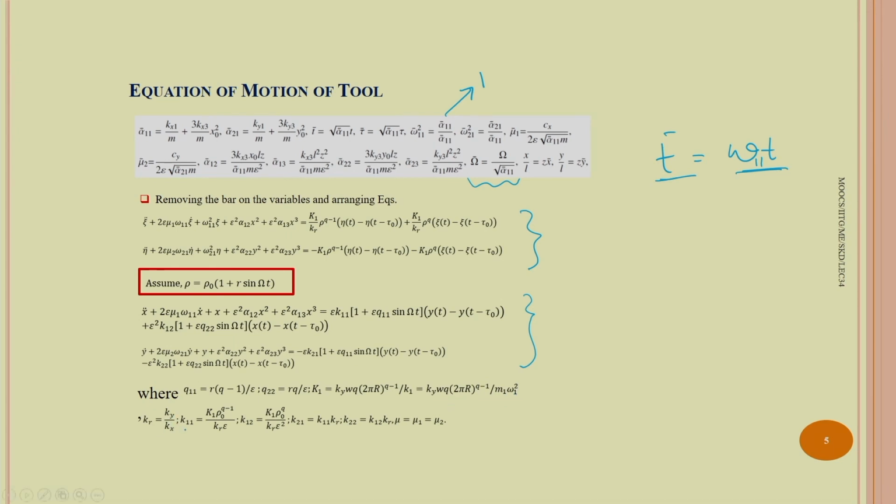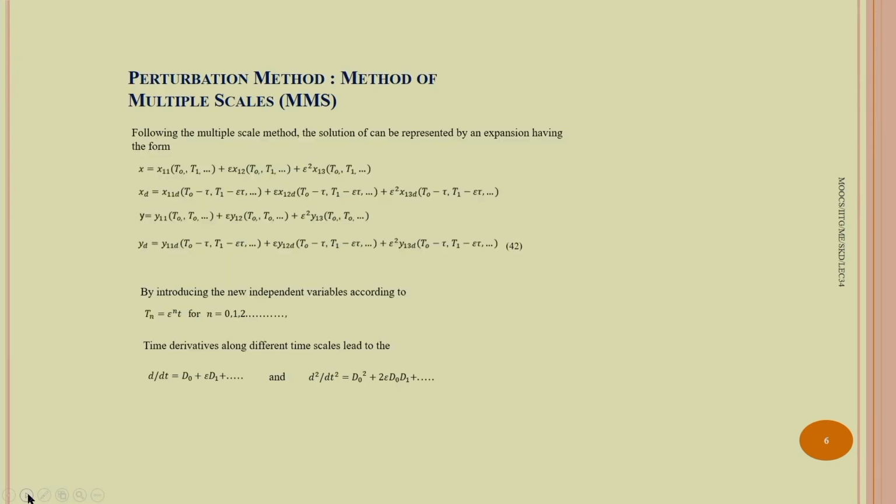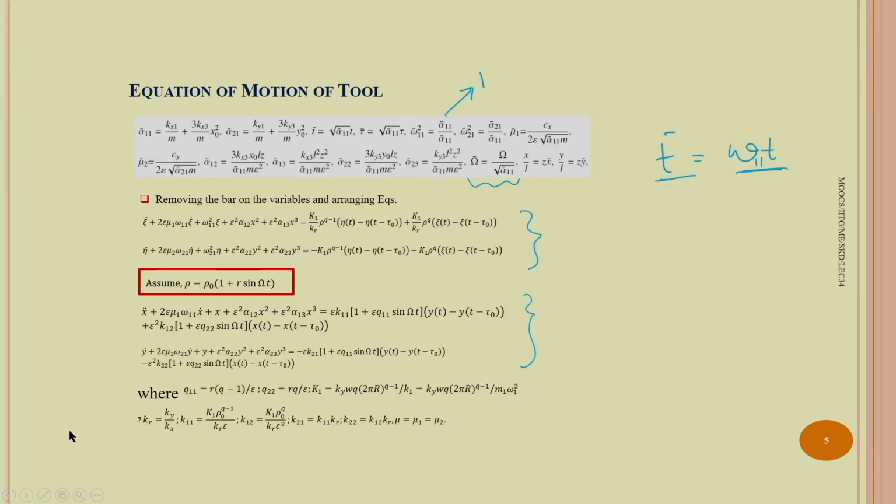Similarly, kr is taken to be ky by kx, k11 equal to k1 rho 0 to the power q minus 1 by kr epsilon, k12 equal to k1 rho 0 to the power q by kr epsilon square, k21 equal to k11 into kr, k22 equal to k12 into kr. Here we have taken mu equal to mu1 equal to mu2. So, considering symmetry, we can write these two equations in this form.